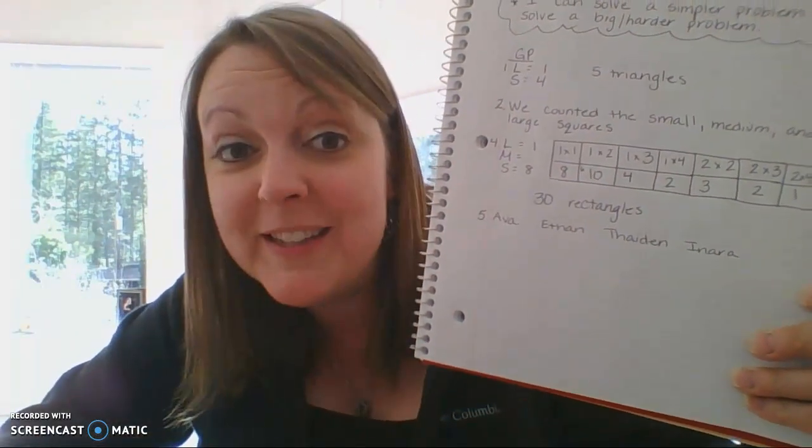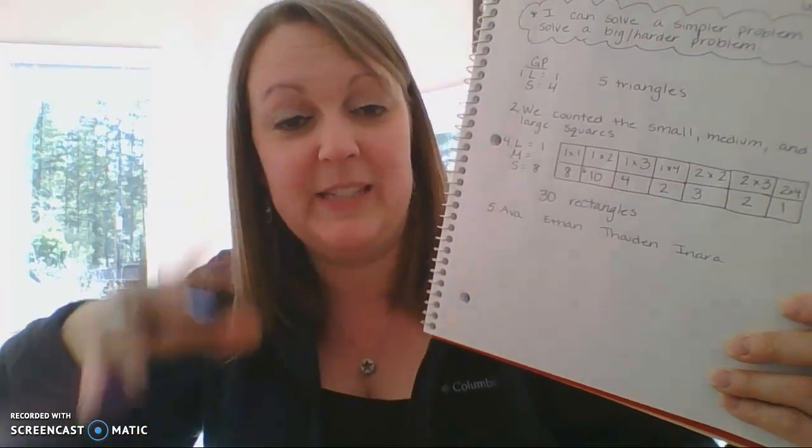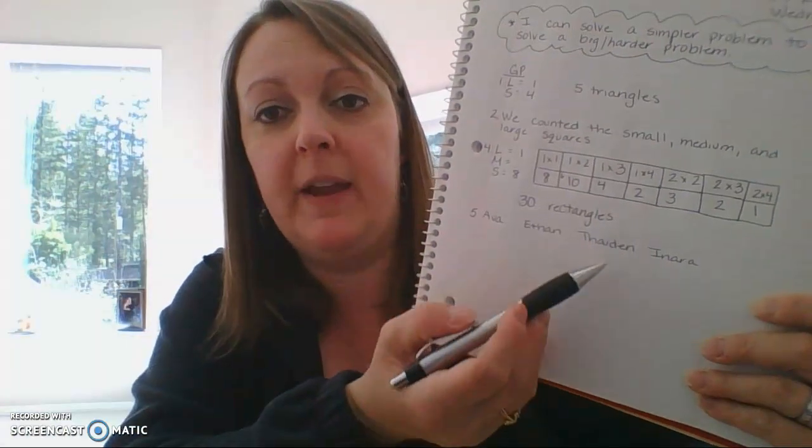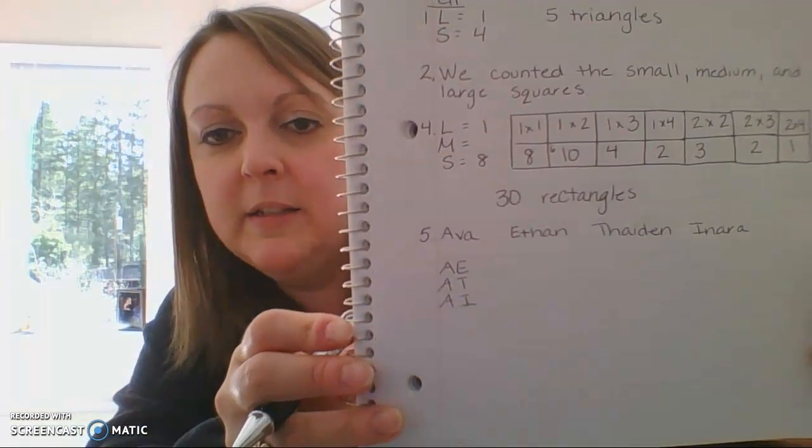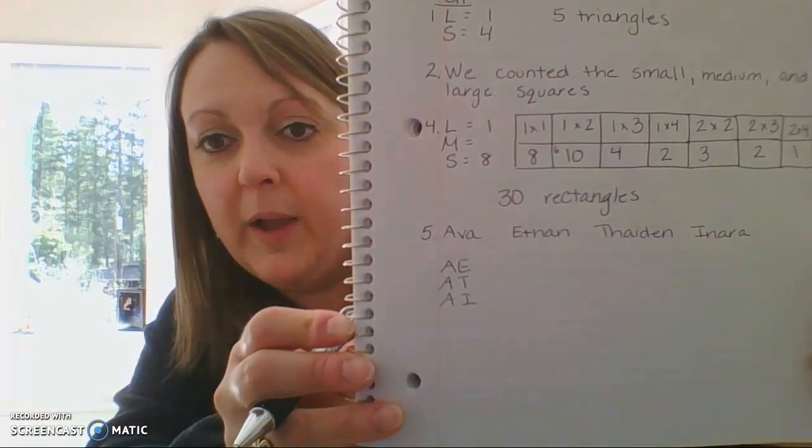So remember how we did this with the organized lists with the sandwiches? Okay, so I'm going to have Ava with Ethan. So remember, it'll be Ava shakes Ethan, Ava shakes Thaden, and Ava shakes Inara. Okay, I'm going to move on. Now I have Ethan. Ethan already shook Ava's hand.